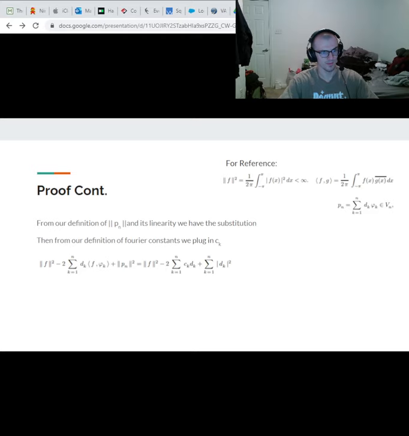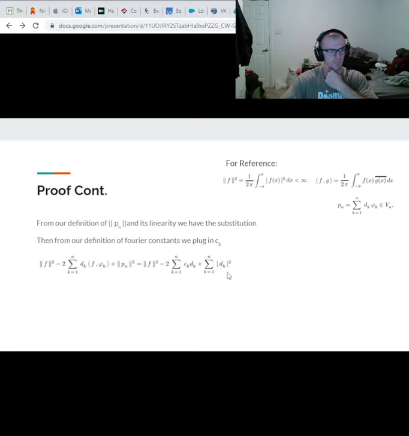So we will then be plugging in those two ideas, which change our d sub k times the inner product of f and the orthogonality plus the norm squared of p sub n to these two values.